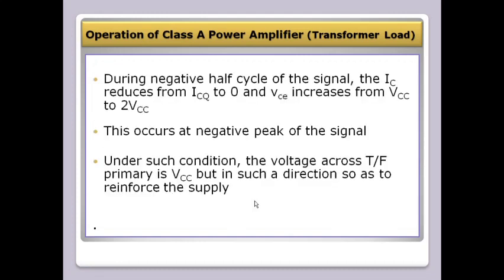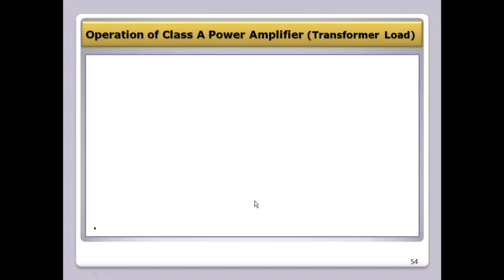So here it is increasing to 2 VCC. It occurs at the negative peak of the signal. Under such a condition, the voltage across the transformer primary is VCC, but in such a direction as to reinforce the supply. So now VCE equals 2 times VCC.